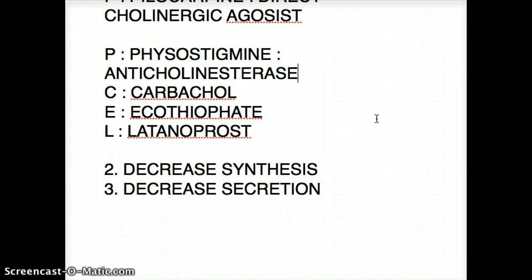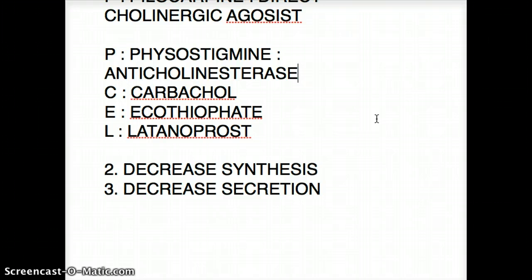Physostigmine has the ability to cross the blood-brain barrier and enter the CNS, and it's used for glaucoma and also for atropine overdose. It works as a cholinomimetic, but as an indirect cholinomimetic.